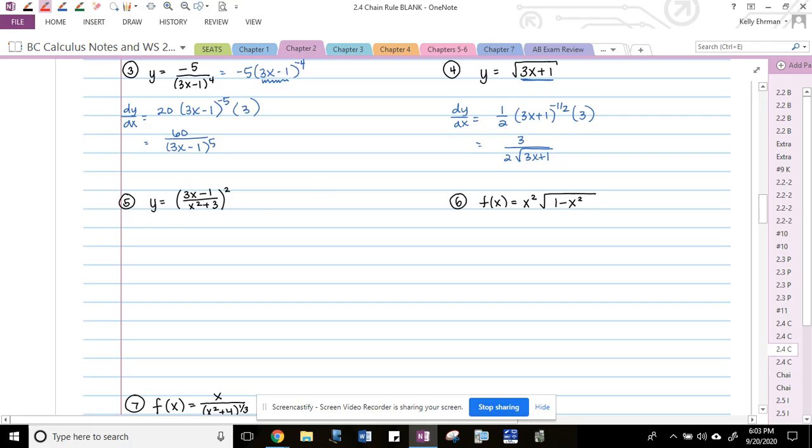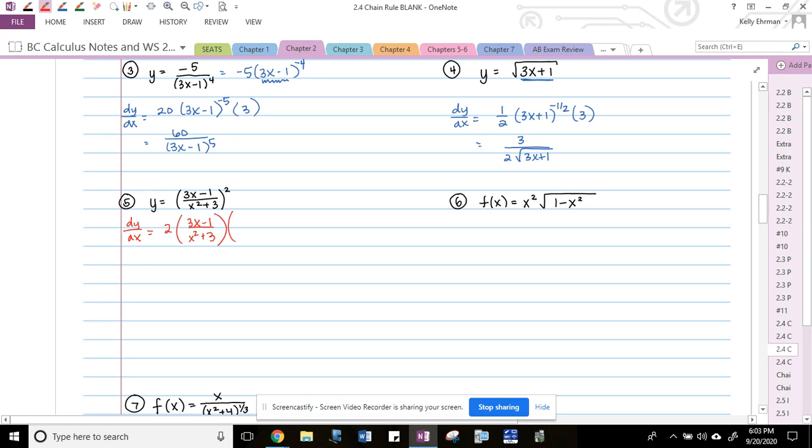So here, the derivative with respect to u is nice and easy. It's pull the 2 out in front times this whole ugly thing to the first power. Okay, but we have to multiply it by the derivative of this fraction. And since I can't simplify the rational function, I have to use quotient rule.